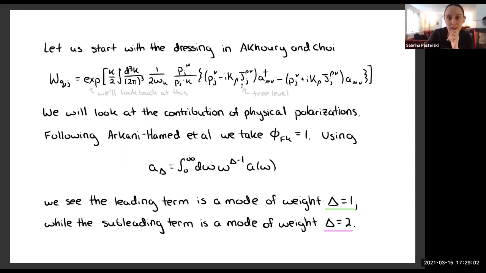Then the first term, corresponding to the leading soft theorem, picks out a delta equals 1 mode, and the subleading term in this proposal picks out a delta equals 2 mode.